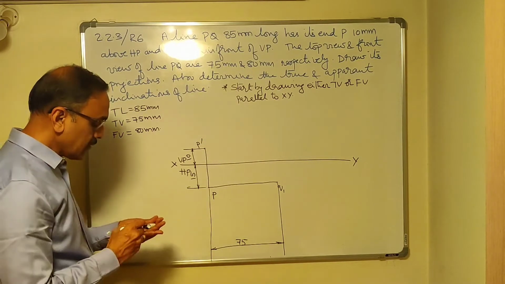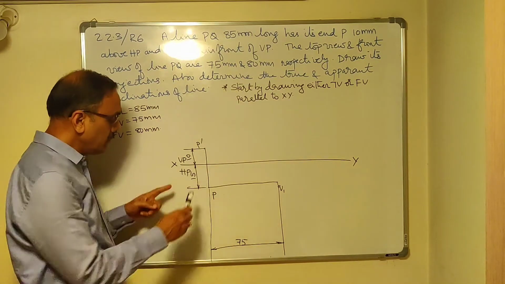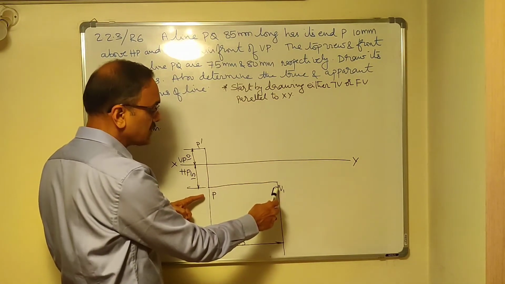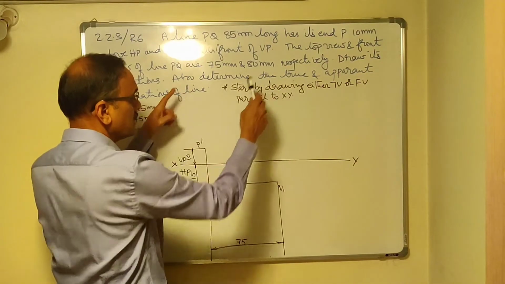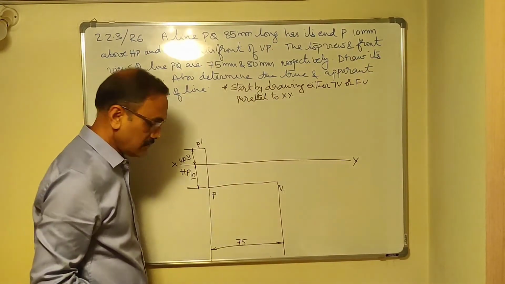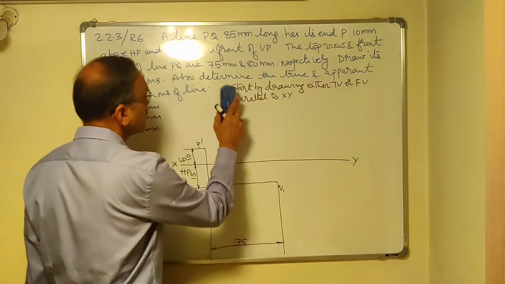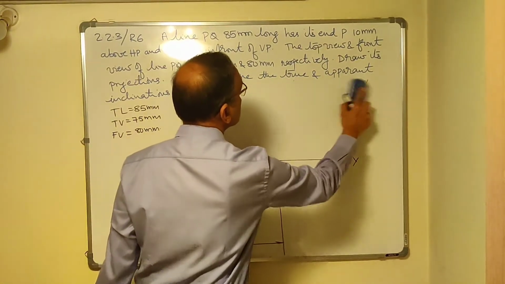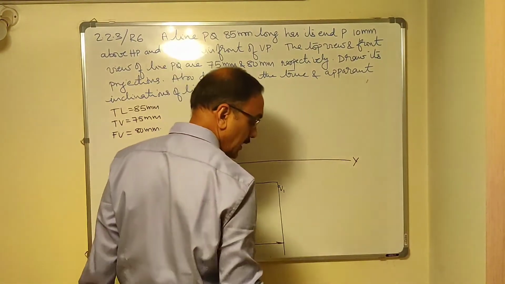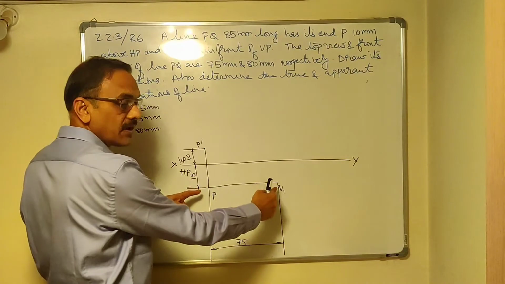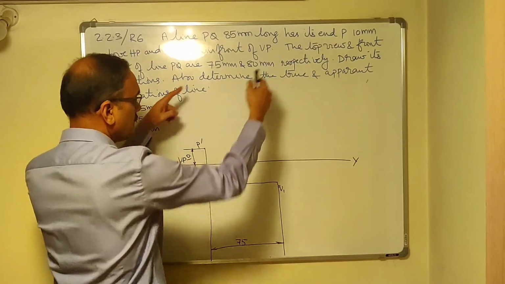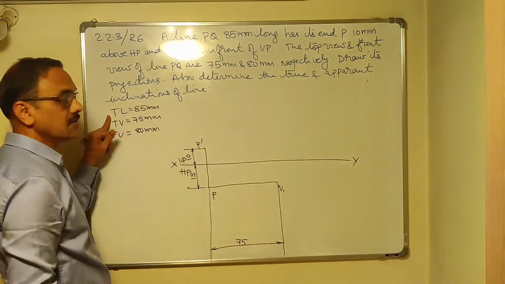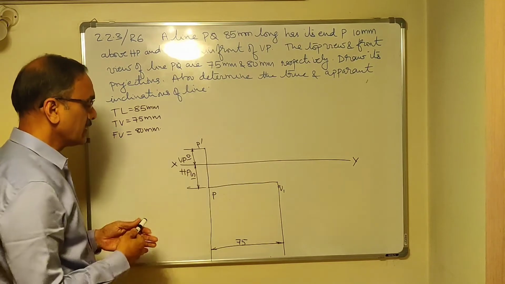Now comes the true length principle. Because the top view is parallel to XY, its projection should become the true length. And what is the true length? 85.